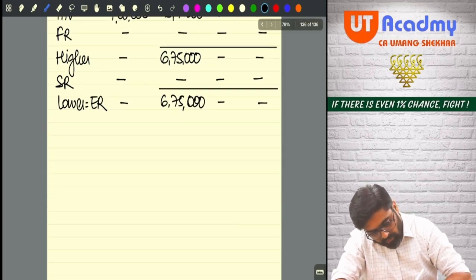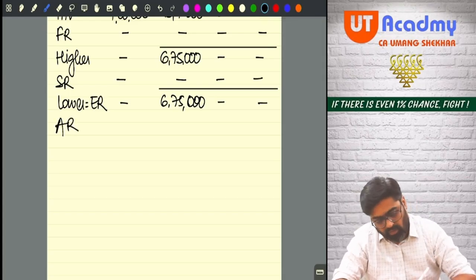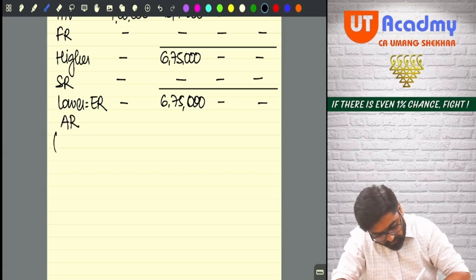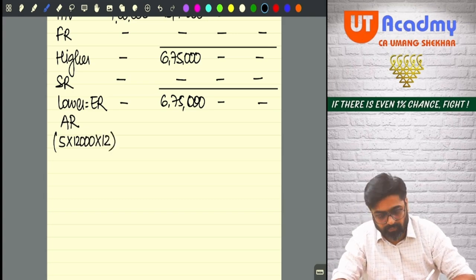Now I will have to compare with actual rent. Now actual rent, my dear friends, how that actual rent will be calculated, please pay attention over here. Actual rent will be 5 units, 12,000 per month rent, let out for full 12 months, no vacancy.